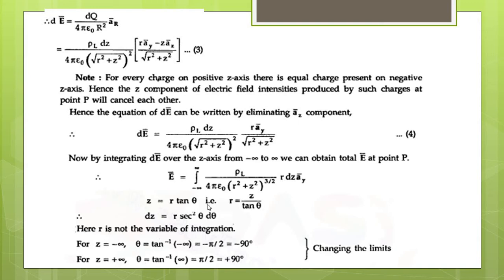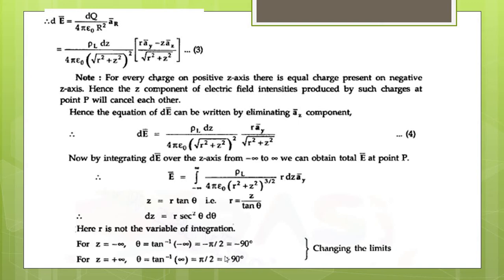Earlier the limits were for z, now we need to change the limits for theta. So when z is equal to minus infinity, theta is equal to tan inverse of minus infinity, which is minus pi by 2. And when z is equal to plus infinity, theta will be tan inverse of infinity, which is equal to plus pi by 2.